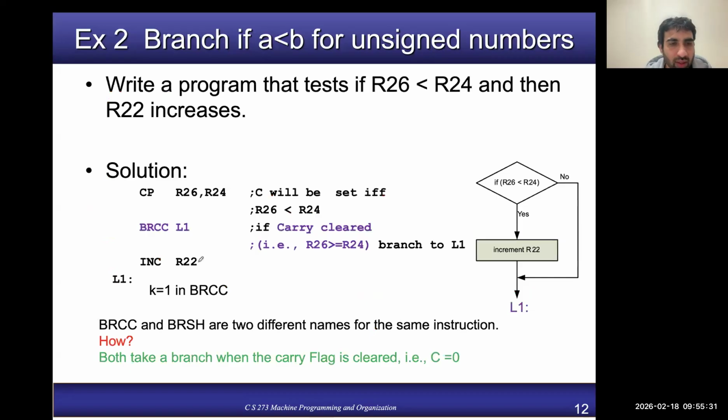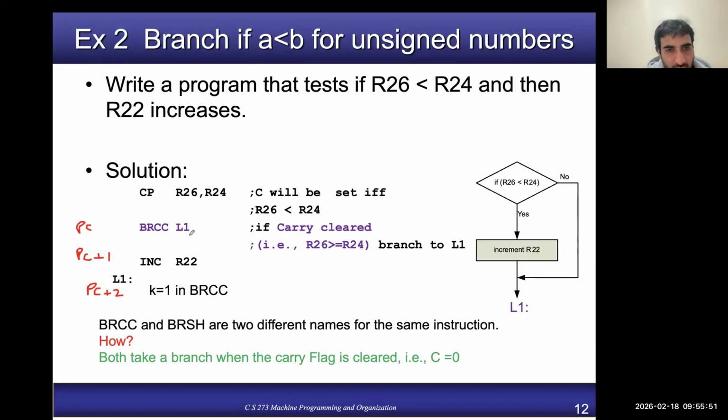Same thing here. This is PC plus 1, and the instruction in sequence after the increment instruction will have address PC plus 2, right?